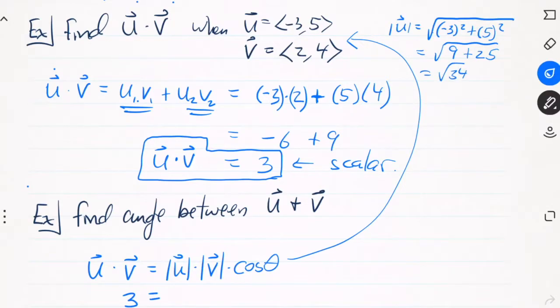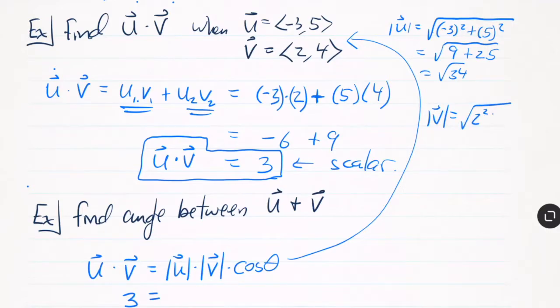All right, so the magnitude of u is that, and then the magnitude of v is going to be 2 and 4, so the square root of 2 squared plus 4 squared, which is 4 plus 16, which is the square root of 20, better known as 2 square roots of 5.